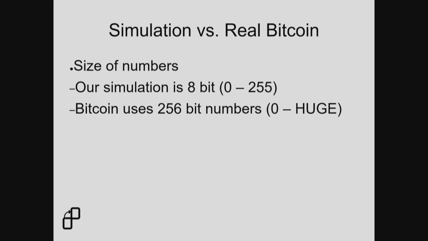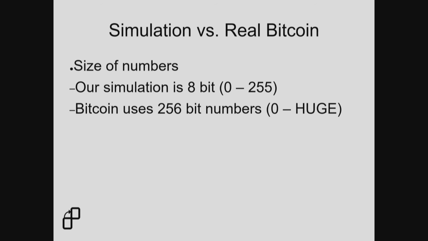The first big, obvious, and important difference is the size of the numbers that we're dealing with. In our simulation, we used 8-bit hashes. The space of numbers in a single byte 8-bit number is 256 numbers total. You get 0 to 255 with an unsigned 8-bit integer.